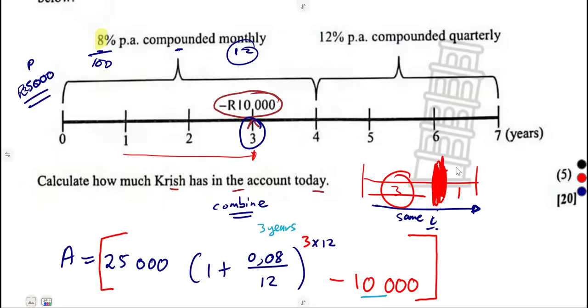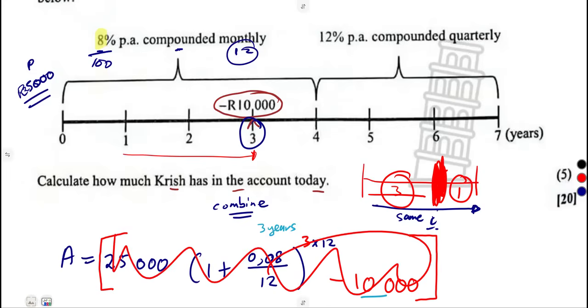But we are still left with 1 year which has the same compounding and interest. After she had removed this, there's money left. This is what is left.